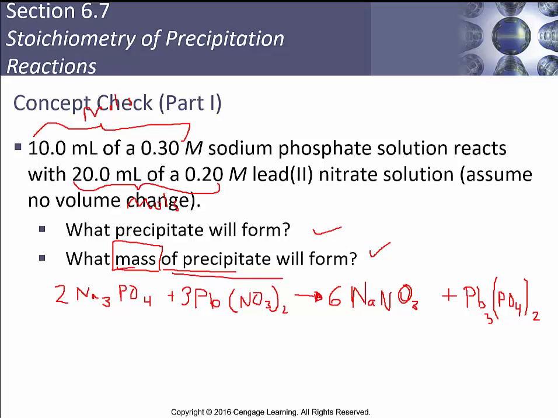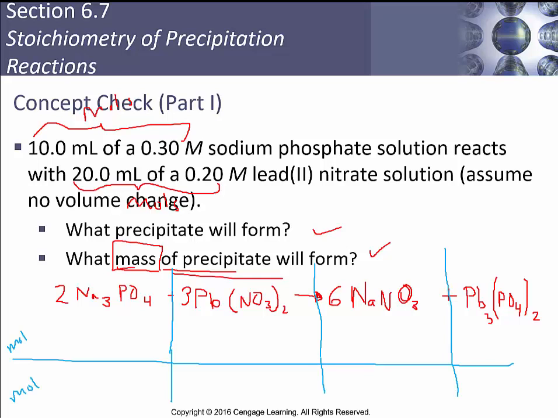The next thing we need to do is convert everything into moles. So I'm going to set up my little grid. Once I've done that, I'm going to look at the amounts of moles of my 2 reactants. For my sodium phosphate, 0.003 moles. So I write that under my sodium phosphate.